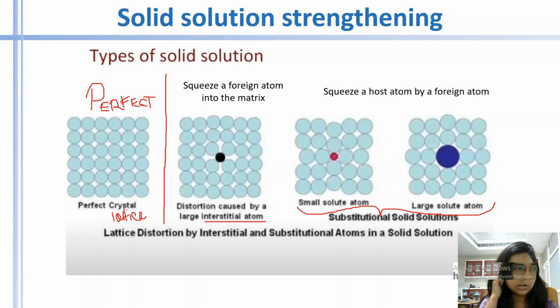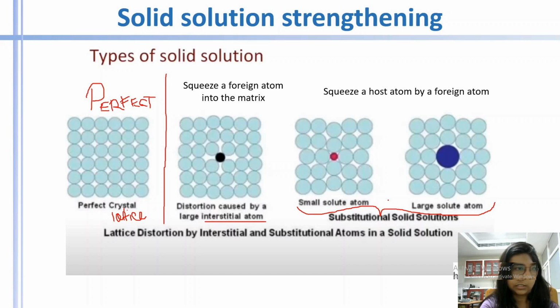If the foreign atom is smaller in size, it is called small atom substitution. If the foreign atom is larger in size, it is called large atom substitution. Both fall in the category of substitutional solid solutions. So we have interstitial solid solutions and substitutional solid solutions, and in both cases there will be lattice distortion.